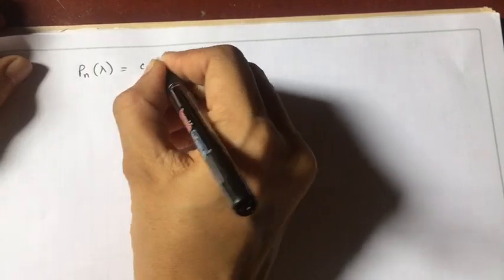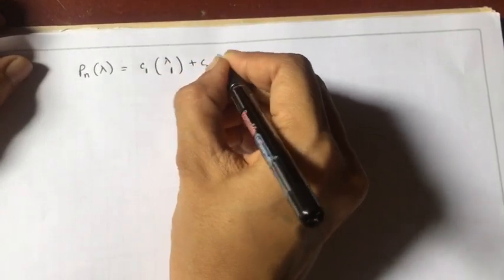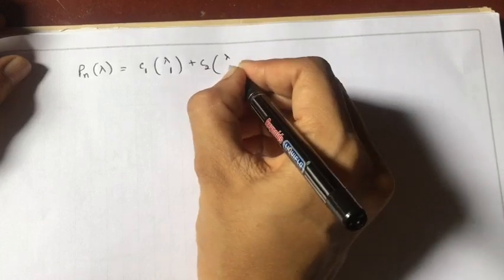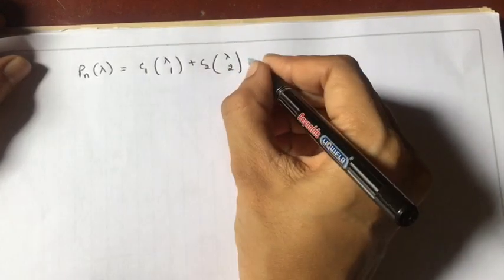Which can be written as Pn of lambda equal to C1 into lambda C 1 plus C2 into lambda C 2. It's the nCr formula, okay?